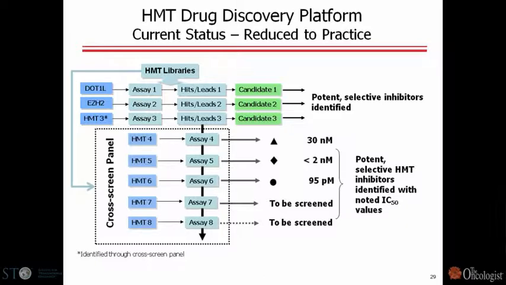You can see a little hint here that we are being quite successful in this cross-screening methodology. And what I can tell you is of the 11 enzymes that are in our cross-screening panel today, we have identified potent, selective inhibitors with divergent SAR against every single one of those enzymes. That was a bit of a surprise.